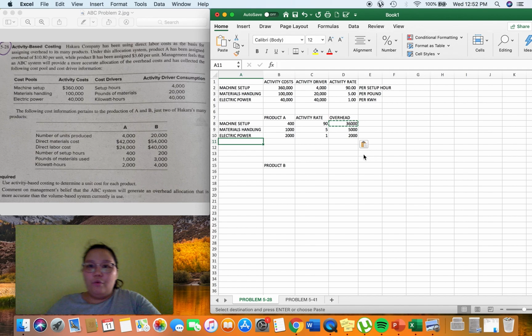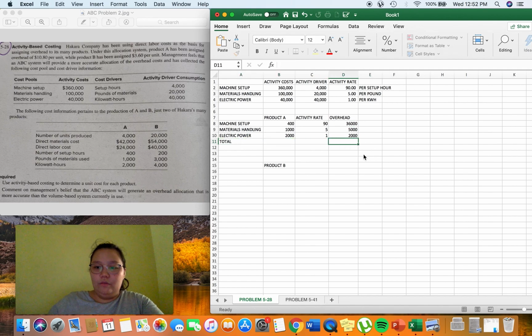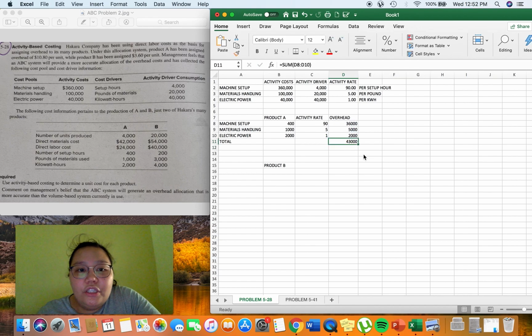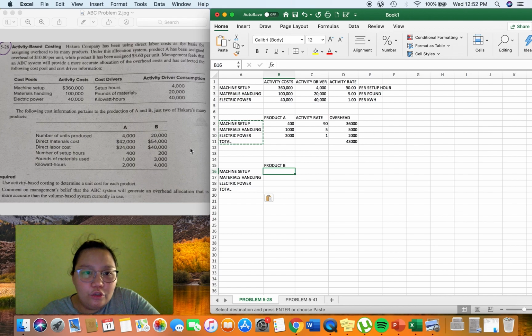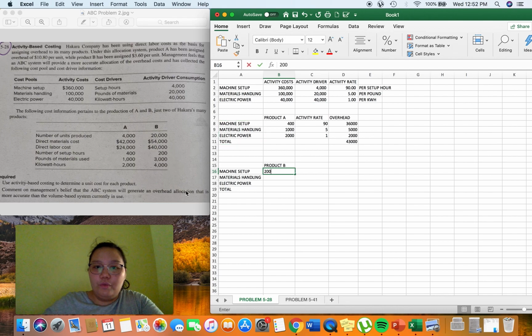For a total overhead cost of 43,000 pesos. Okay? So we'll do the same for product B. For product B, of course, we are going to get the activity driver consumption of product B. So we have 200, 3,000, and 4,000.